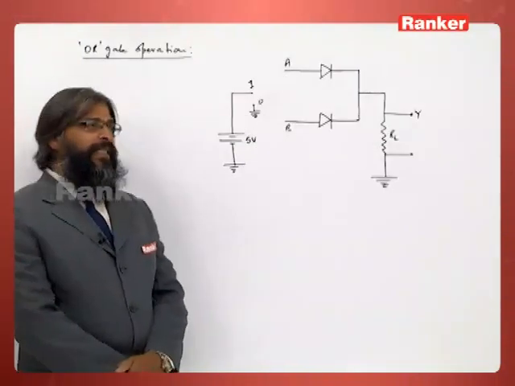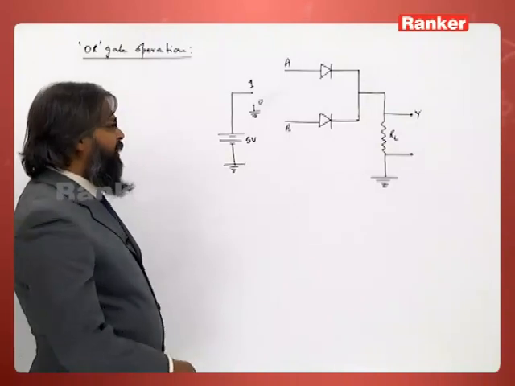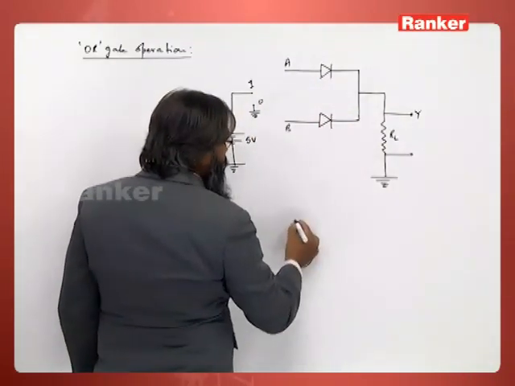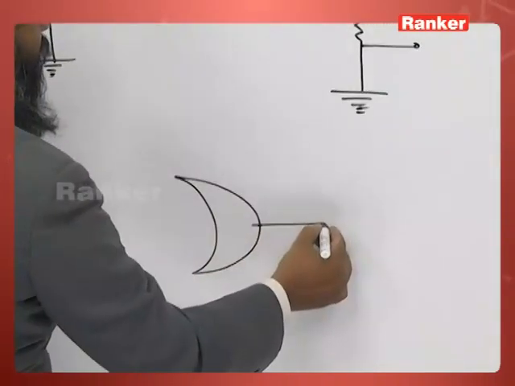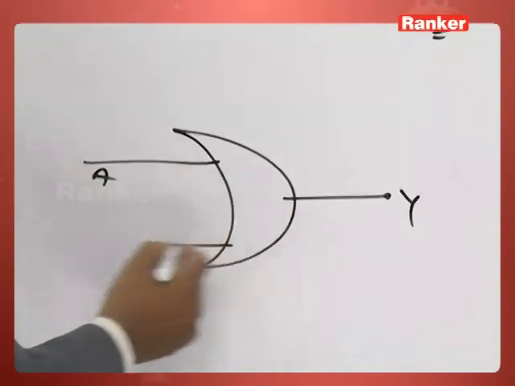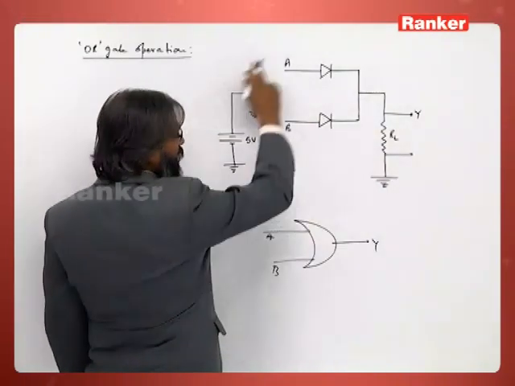Now let us see the operation of an OR gate. This is the symbol of an OR gate. You see this is Y here, and this is A and B. Inside the circuit we have this arrangement.